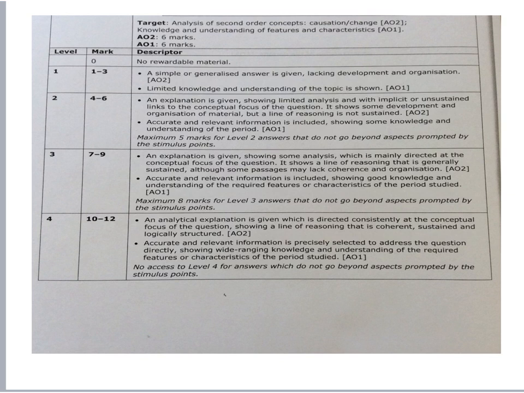The second bullet point in level 4, you can see that it's asking for accurate, relevant, precisely selected information, which of course indicates strong knowledge and understanding of the period that we're looking at here. And we've certainly done that. In each paragraph we've written in this exemplar answer, there's some really good touches of nice, precise, clear detail, which really does show off and impress the examiner that we really know what we're talking about here.